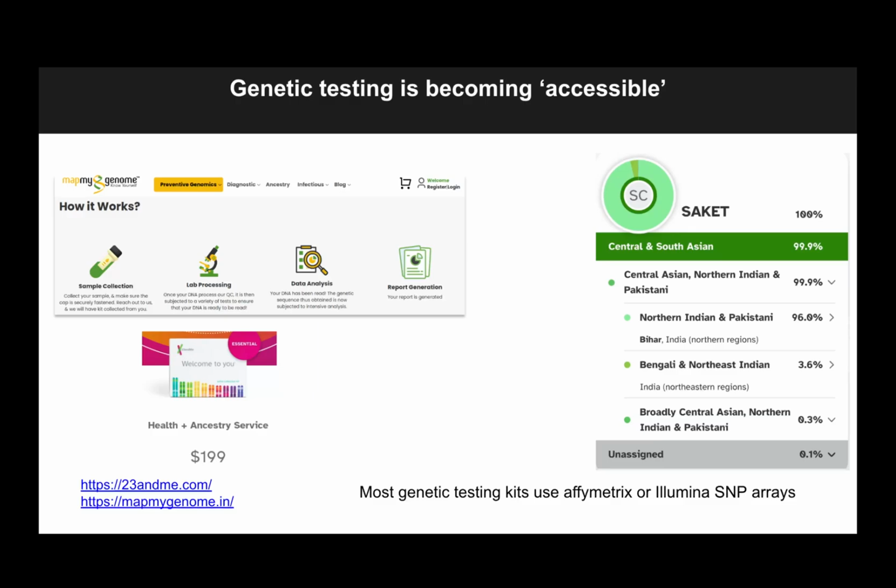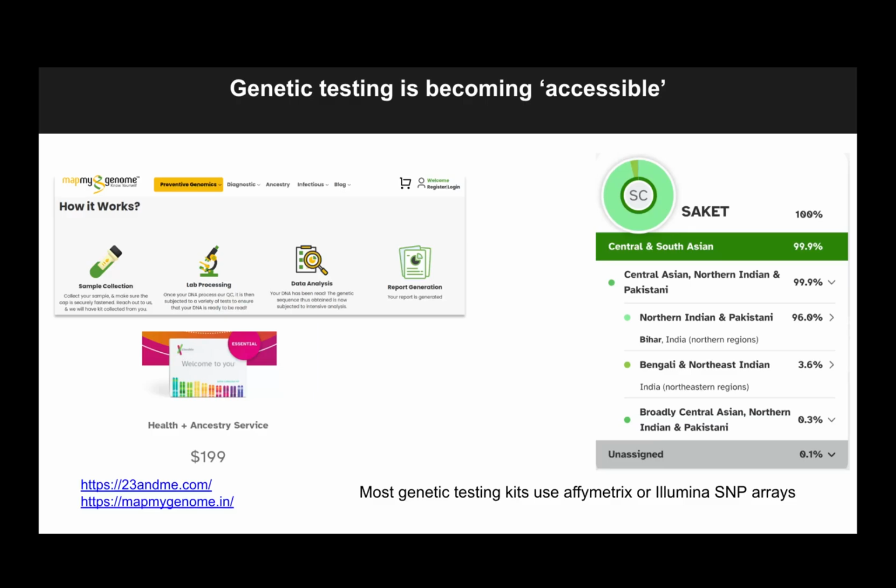Which is something you would not want to do generally. It's an interesting kit, right? There are a lot of very interesting stories that 23andMe has revealed. So go and read about it.